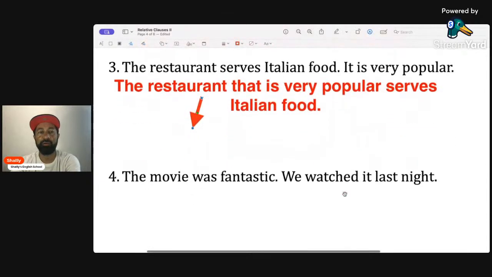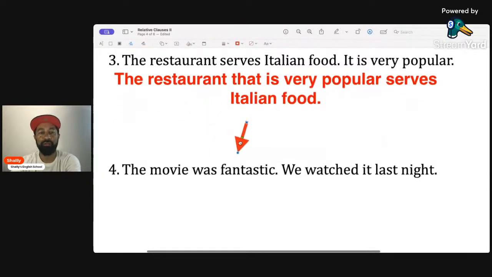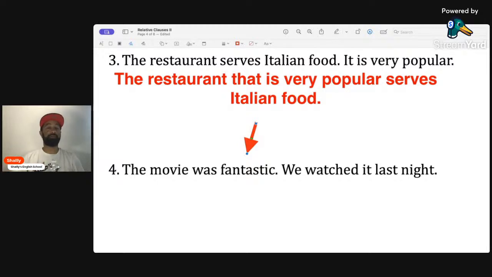Okay, number 4. The movie was fantastic. We watched it last night. Let's join these two. And either you use a relative pronoun or you could omit the relative pronoun. It's your choice. But sometimes you need it. For example, number 3, we had to put that.